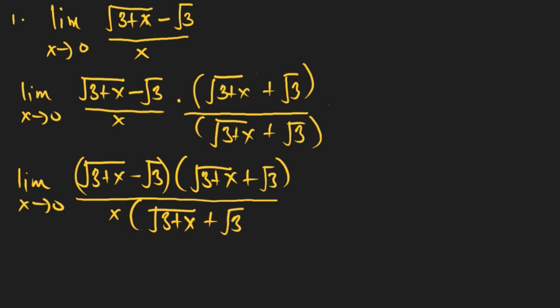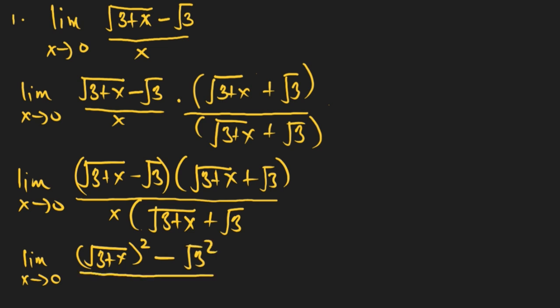Now the top one can be described as difference of 2 squares. So I'm going to have the limit as x approaches 0 of, when I expand the numerator, the root of 3 plus x all squared minus root 3 squared, and everything is over x into brackets root 3 plus x plus root 3.